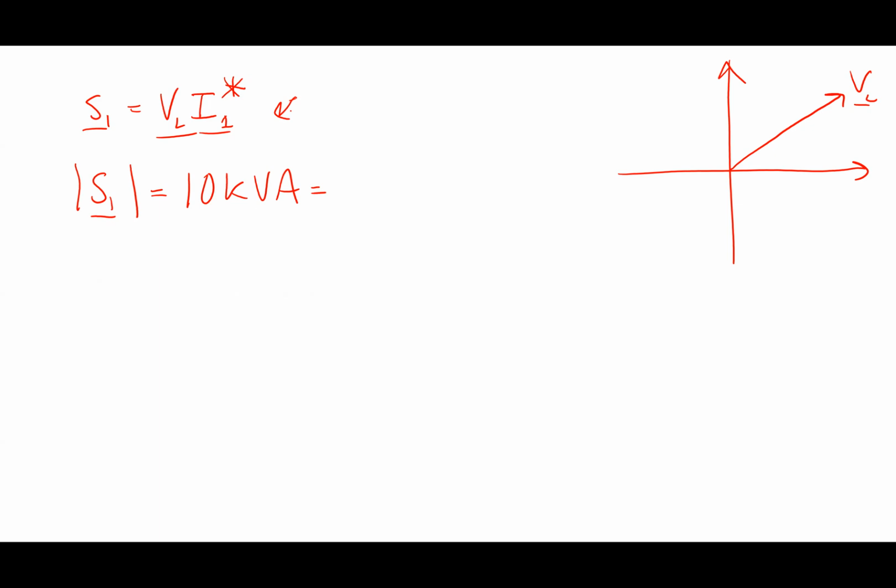If S is equal to V times I conjugate, and I know the magnitude of S is 10 kVA, what's true about just a vector relation? There are a lot of formulas with this stuff, but it's really not that hard. It's basically just a vector relationship. I have vector equals vector times vector. If I have that, how do I get the magnitudes? How do I write the magnitudes?